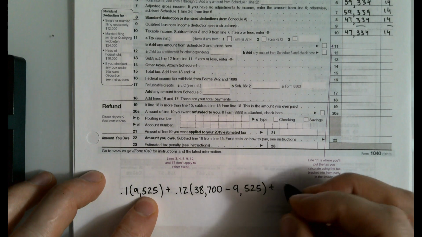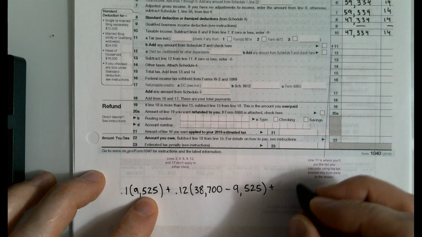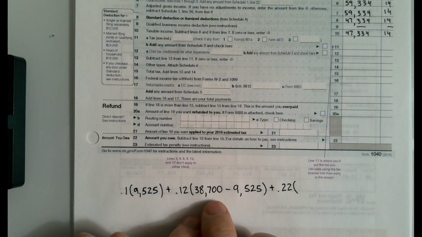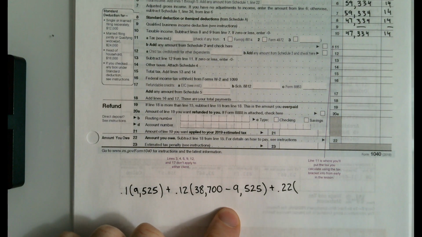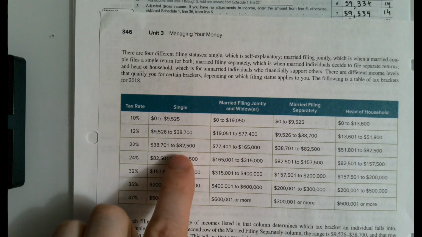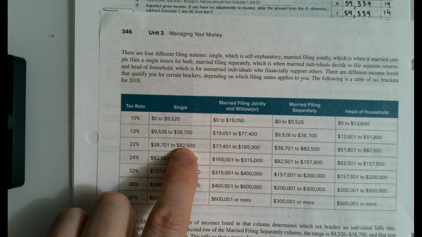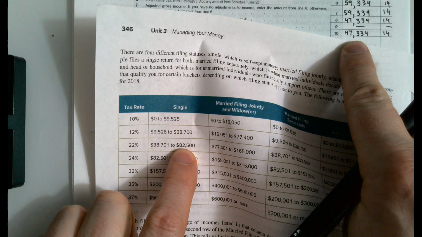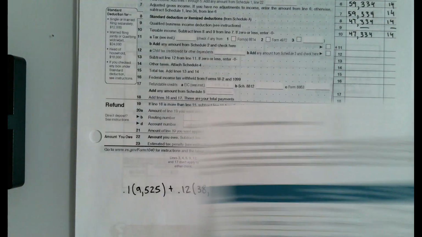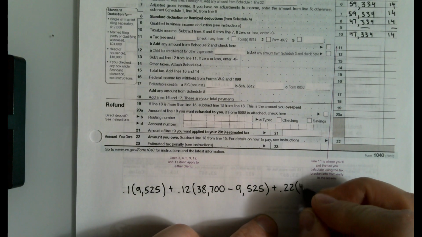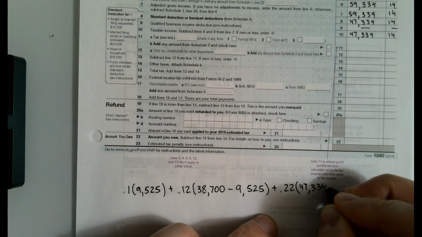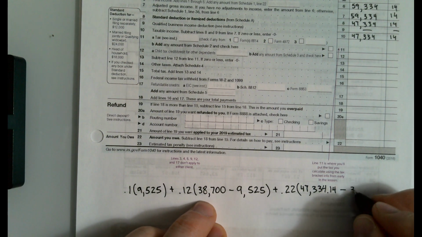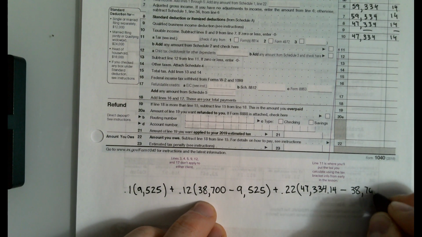We need to add into that the 22%, which is whatever is above $38,700 up to $82,500. Just so you can see where I'm getting that, it would be on this one, but our guy has a taxable income of $47,334.14. So that's our maximum that we put in here. We subtract from there the amount that's already been taxed at the 12%.